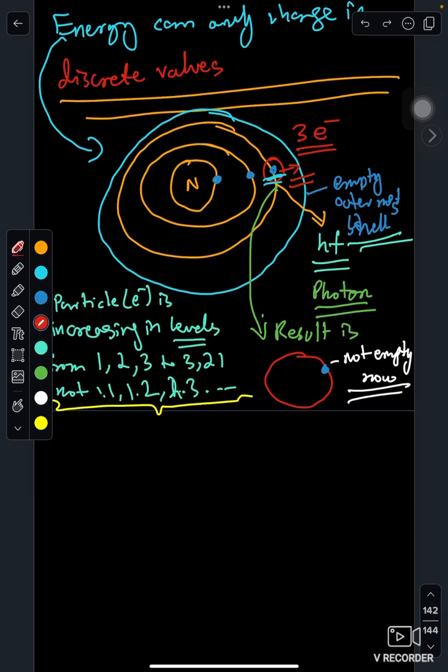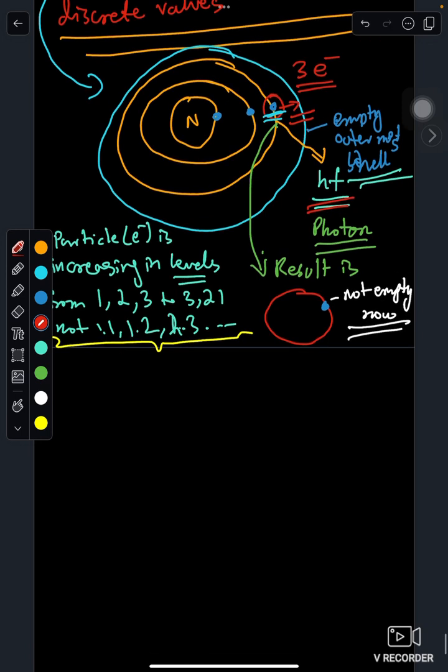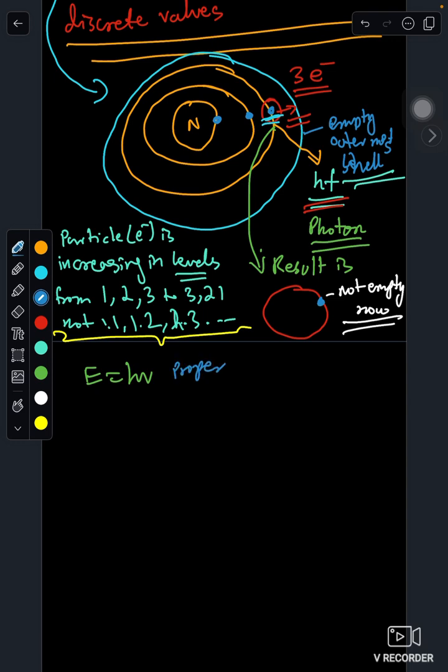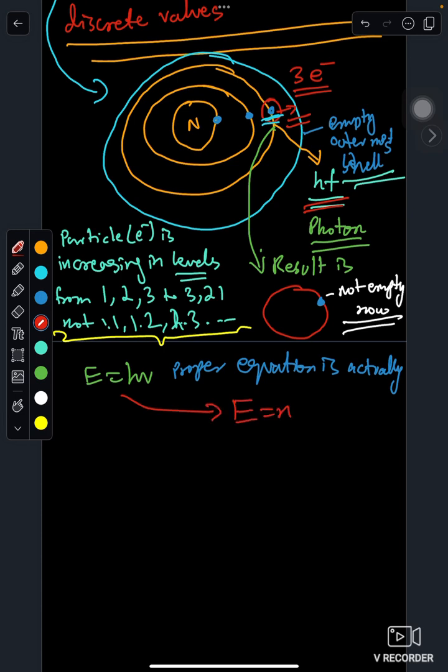The equation we used here is what we will be using in future. E equals hv, but the most proper equation is actually E equals nhv.